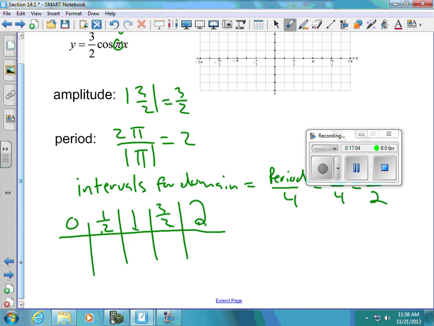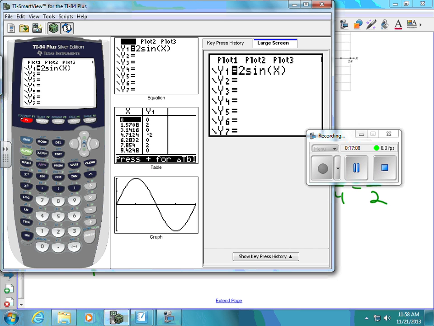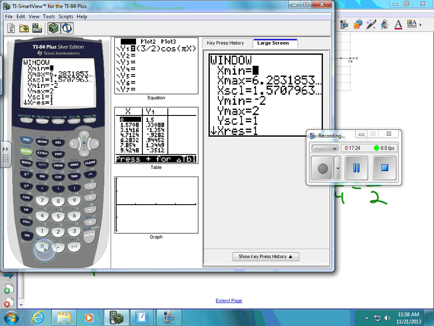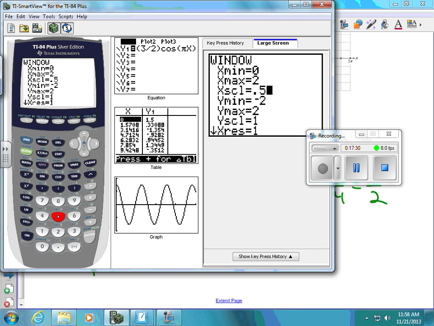Let's real quickly set it up in the calculator. Our equation is y equals 3/2 times the cosine of pi times x. We want to make our window go from 0, the same interval we have here, 0 to 2 by 0.5 or 1/2.